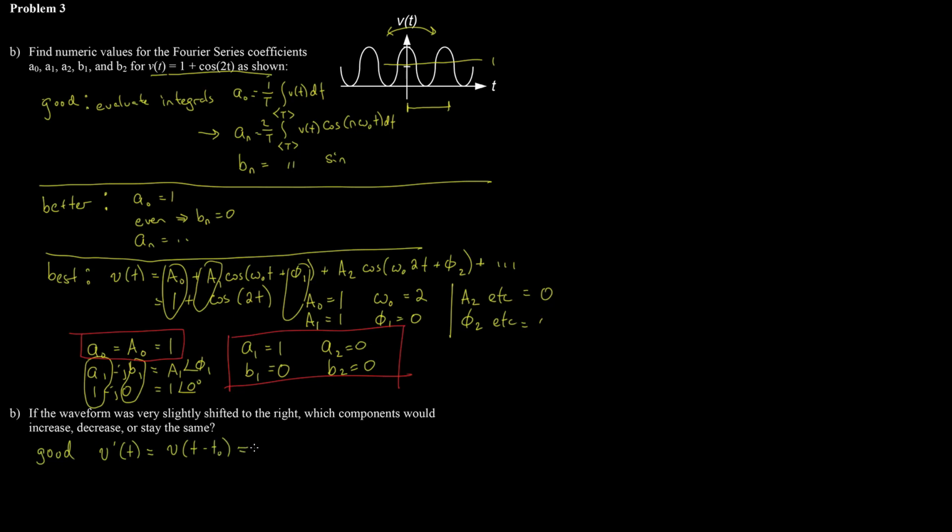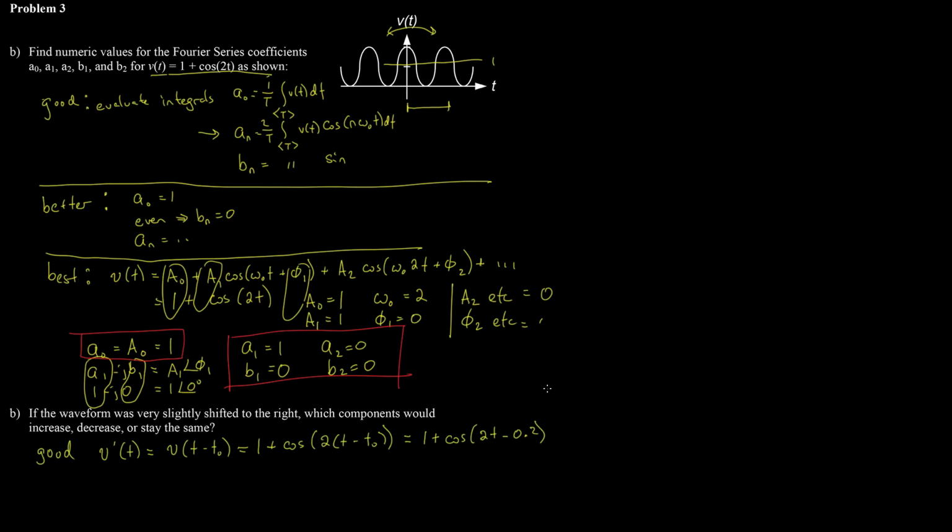So given what we were given at the start, our new function would look like this: cosine of 2t minus t naught. So that shifts it to the right by just a little bit. Since it's a small amount, let's make it something specific. Let's say it's 0.1. So now it looks like cosine of 2t minus 0.2 for a 0.1 shift to the right.